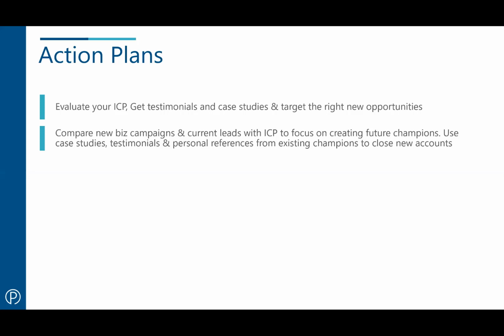Are you generating leads that match your ICP? And if you're not, you need to make a change so you can focus on creating future champions. You don't want to create future hibernators or low spending customers. You want to create future champions.